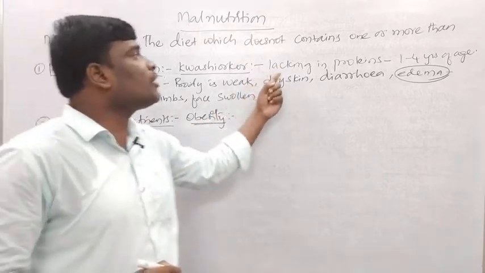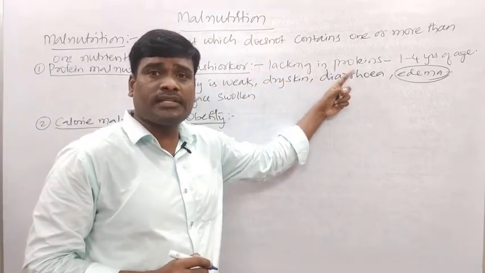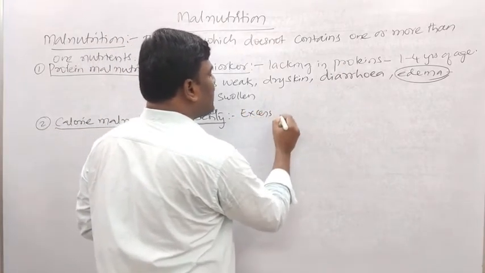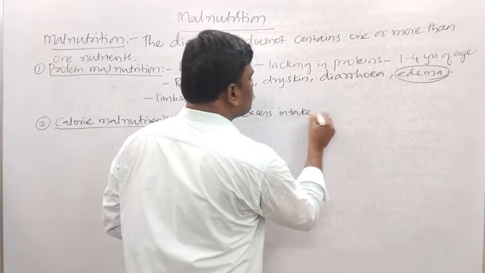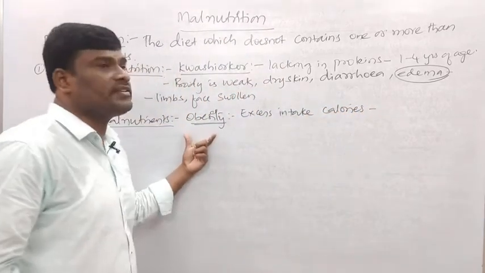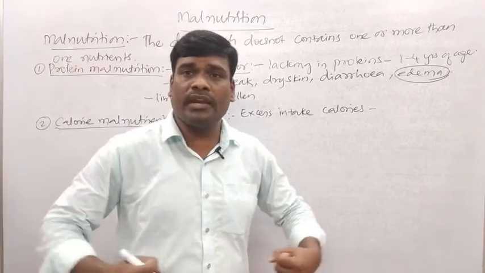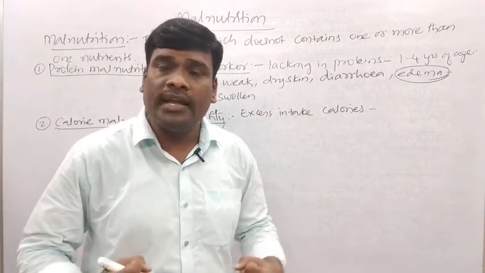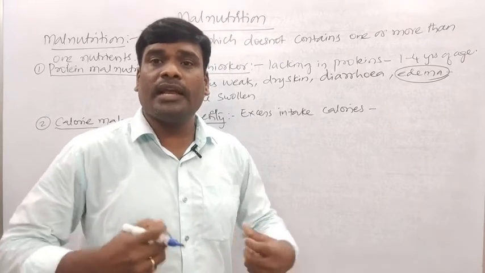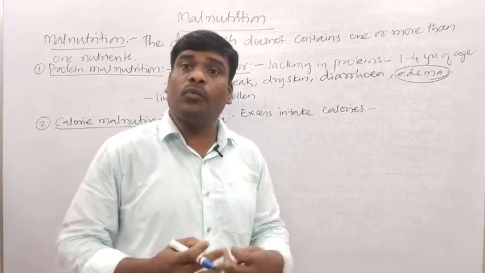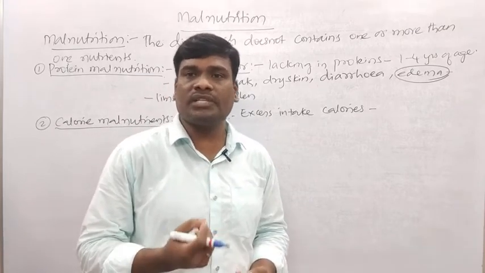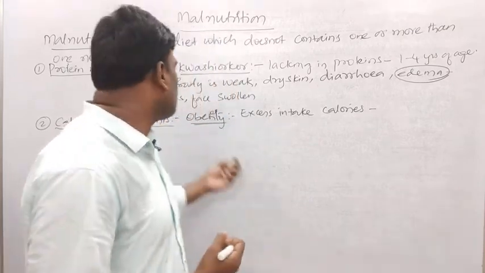So this is not a lack of intake of proteins, but excess intake of calories. That leads to what, children? Obesity. Obesity means what? Becoming very stout according to their height as well as their age, their body weight will be more than that. Sometimes it is doubling also, isn't it? So such a condition we call what?